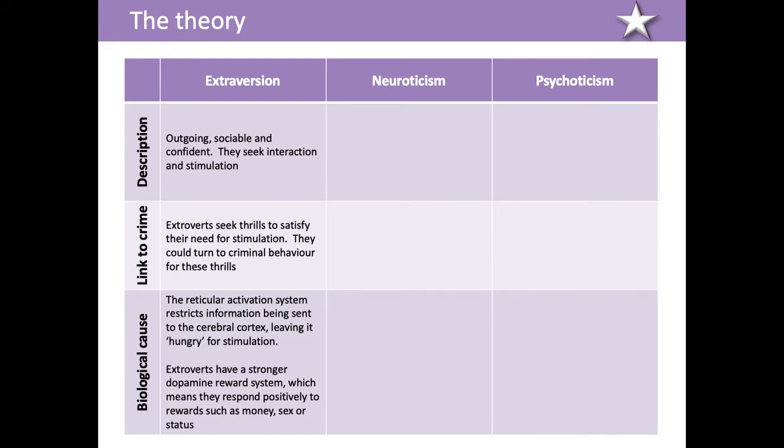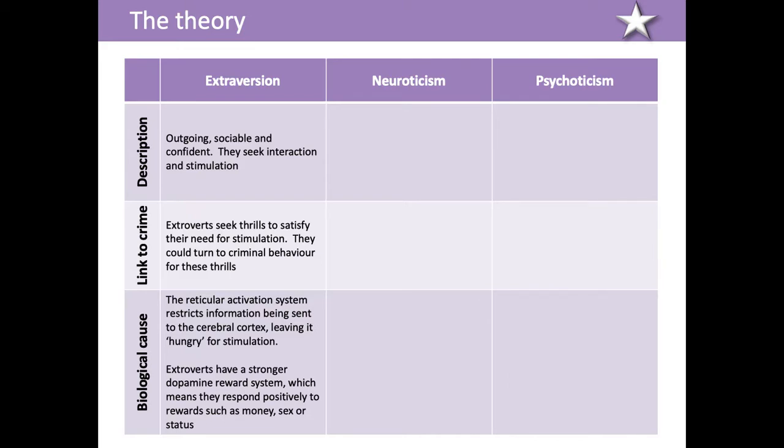So they might commit crimes in order to get that money or status, and this can explain why they turn to crime as well. Okay, so that's our extroversion, the first of the three personality traits that are linked to criminal behaviour.